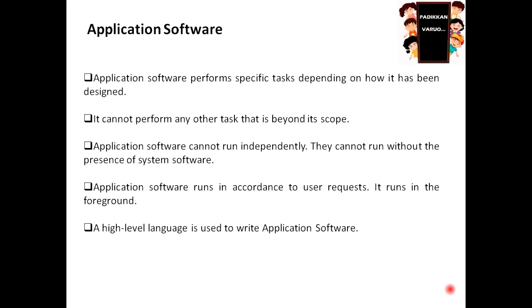It will run in the foreground, so application software gives prominent importance to the user interface. It will have interactions with the user. It will collect input from the users, and the interactions will be in the form of images, graphics, and video. So it will collect the user's request and respond to it.